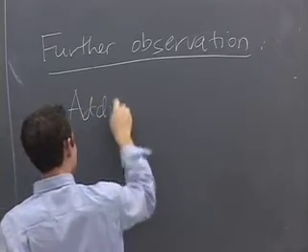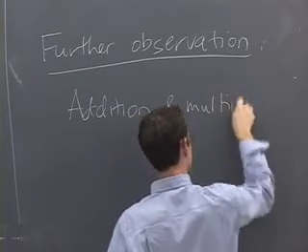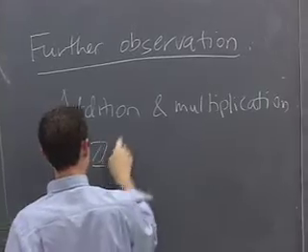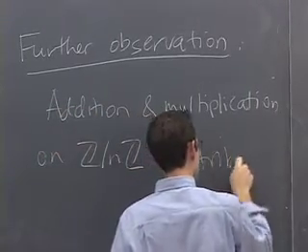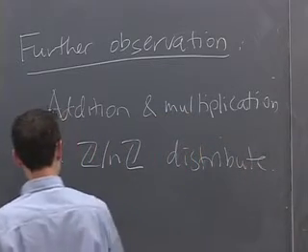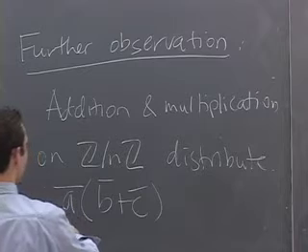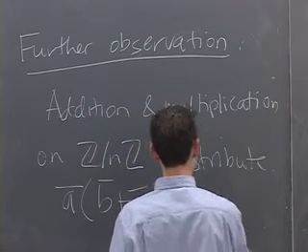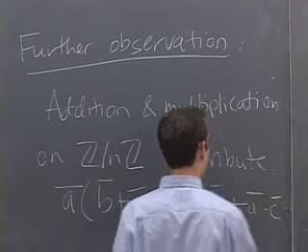The addition and multiplication on Z mod nZ distribute in the precise sense that if I multiply a bar times b bar plus c bar, then this is the same as a bar b bar plus a bar c bar.